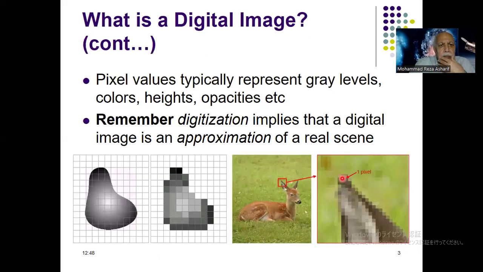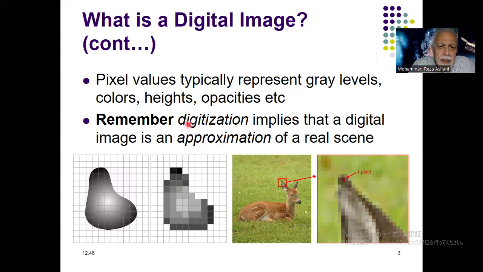Next. The pixel values typically represent gray levels. Usually it's gray levels, or maybe it is colors or heights, or opacity. Opacity is blur, for instance, a blurry picture, not dark but blurry somehow.